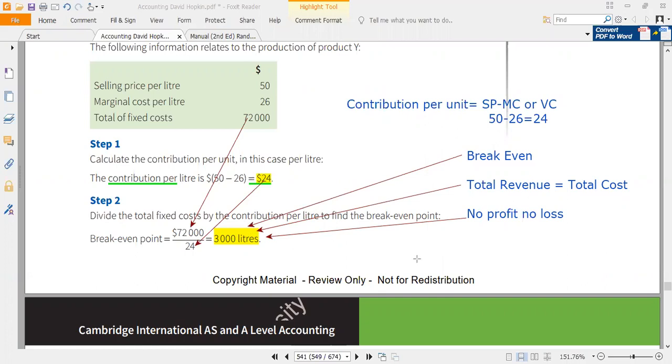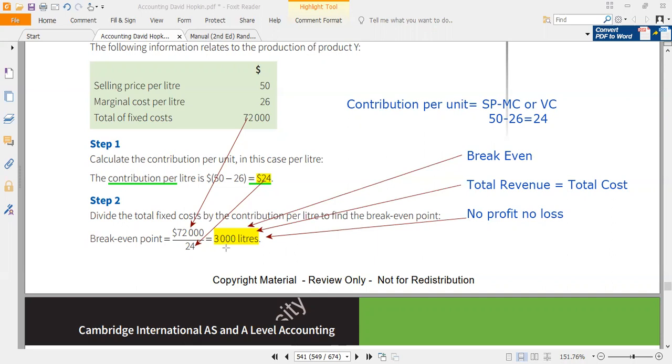If you produce and sell 3,000 liters, you will not be making any loss or profit.